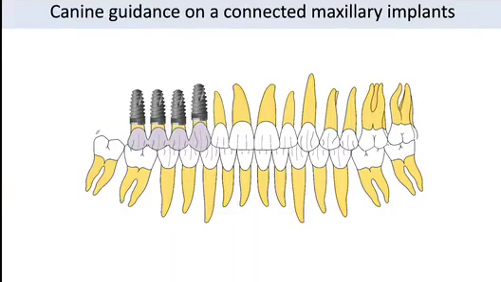When you have a bridge on some implants on the posterior, on the lateral side, you can have this illustration by this case. The patient came to the office, he had lost one implant here.